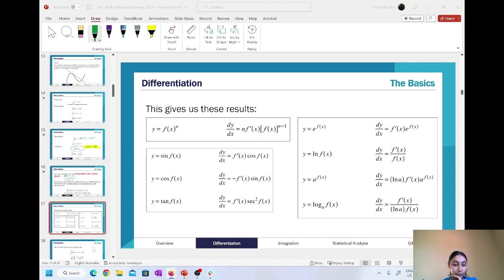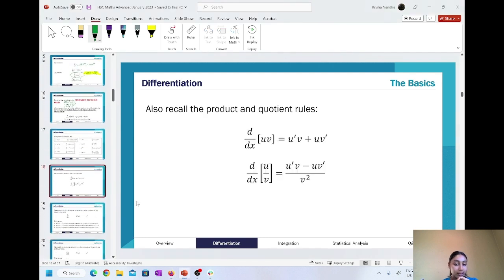Okay, we'll move on to the product and the quotient rule, aka the two rules that people always accidentally mix up together. But yes, so if we're taking the derivative of something that's being multiplied by another, like two separate functions, so let's say it's like 2x times e to the x, so they're two separate functions, then you will need to use the product rule.